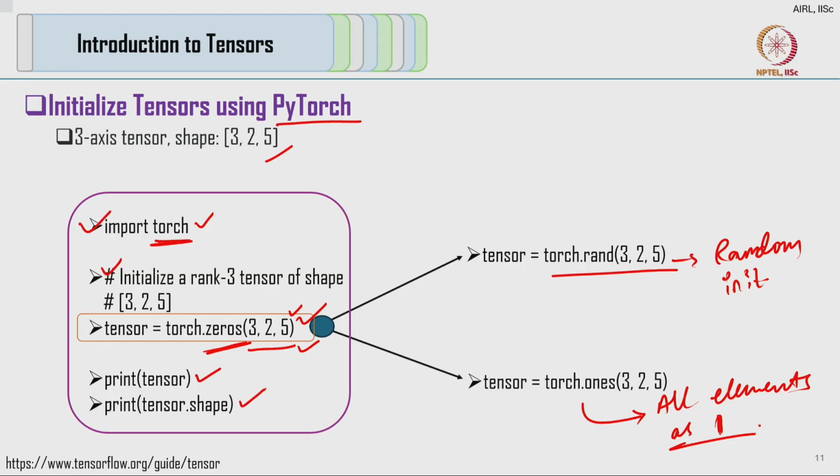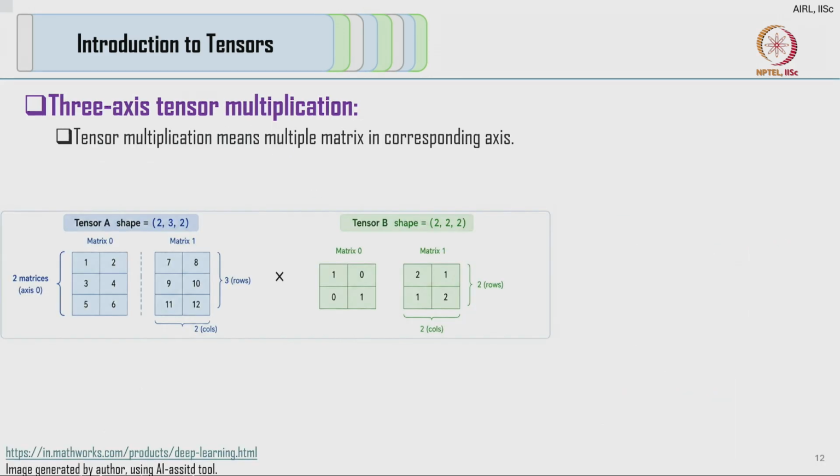Now these are different ways to initialize, right. So we essentially have a rank 3 tensor. The rank 3 tensor could have values which could all be 0, could be random initialization, could be ones, and there could be other types of initializations that could be used, right.